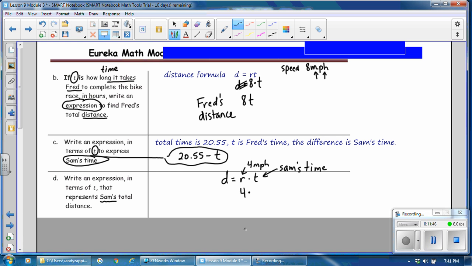So we'll substitute that for the t, and that is 20.55 minus t. So the 4 represents Sam's rate, and the 20.55 minus t represents the amount of time that Sam will be running. And that's an expression, so we will not use the d equals. So right here, this represents Sam's distance.